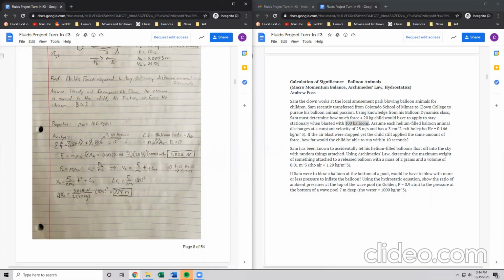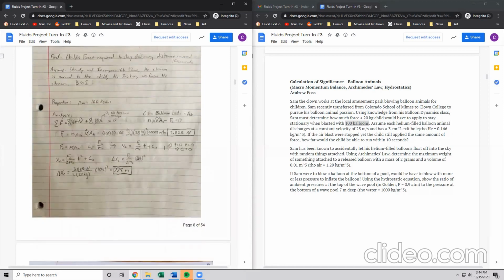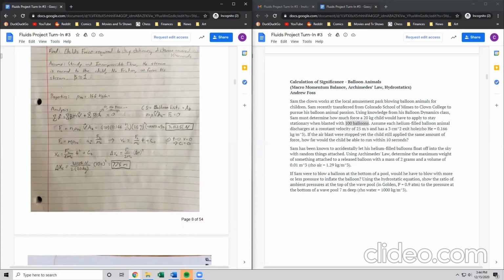What Andrew did here was first note that there's going to be no pressure change, and solving for the force, we're just going to get force equal to mass flow times velocity. Plugging in mass flow as rho times velocity times the cross-sectional area, which are all given, we get that the velocity term is going to be squared. Solving for the force here, we find that it's going to be about 1/100th of this number, which Andrew then multiplied by 100 balloons to reach around 3 newtons.